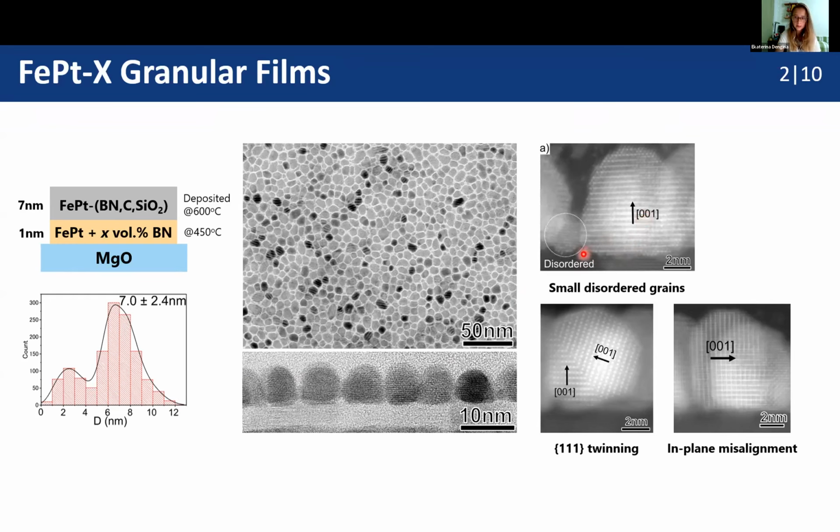For example, there are some grains that are rather small, which can be disordered or which can have a small value of magnetic anisotropy constant. Also, there can be some twinning grains, which means that a grain is divided into two parts, two twins, with a different direction of crystallographic texture. And also there are some grains with in-plane misalignment. As all these defects affect the performance of magnetic recording media, all of them should be taken into account.